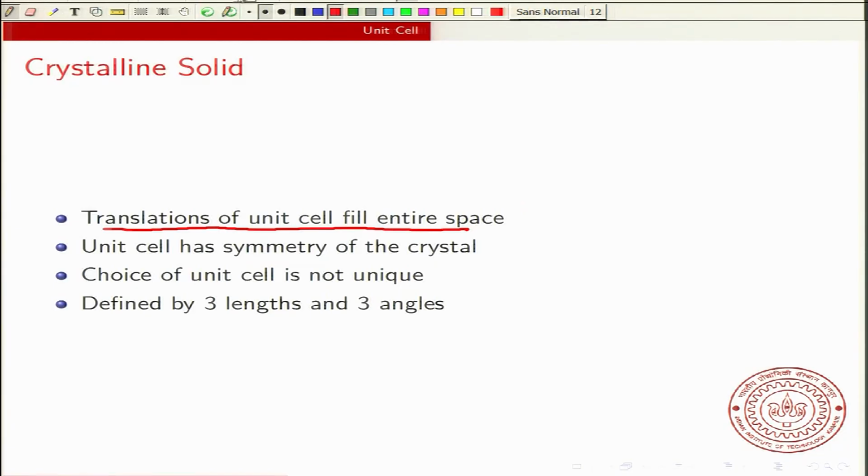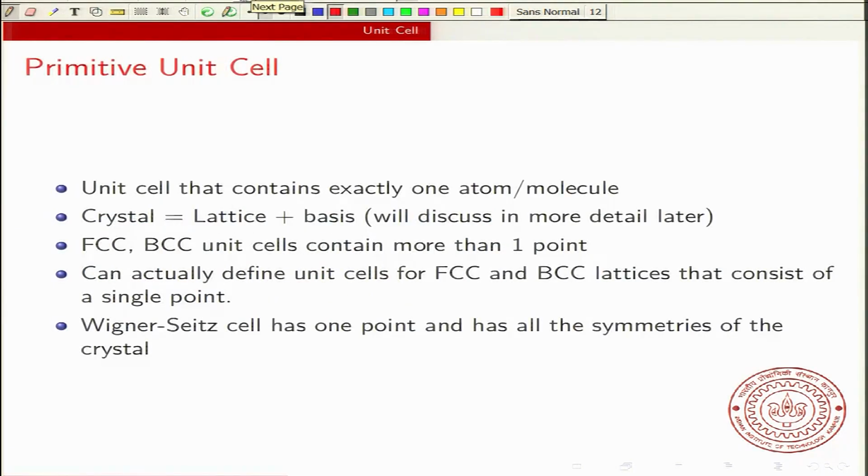Now, let us talk about what is a primitive unit cell. In order to understand a primitive unit cell, you really need to think of the repeating units as either atoms or molecules. A unit cell that contains exactly one atom or molecule is called a primitive unit cell.